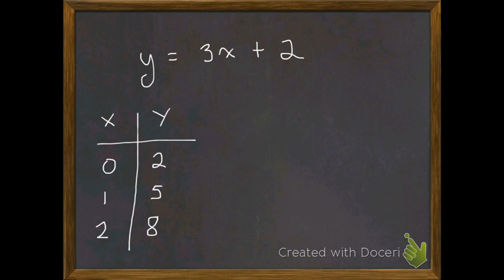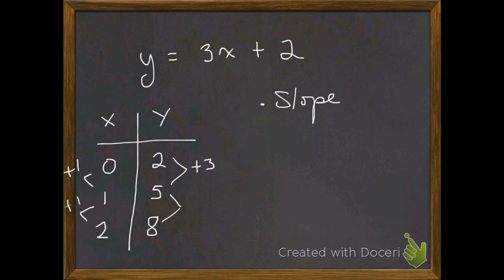Now, let's first focus on the slope. Now, in my opinion, if you were taught well, your teacher, professor, instructor, whatever it may have been, should have pointed out to you that on the left-hand side, as we increase 1 unit, these y values increase 3 units.